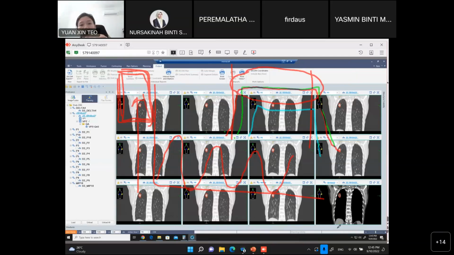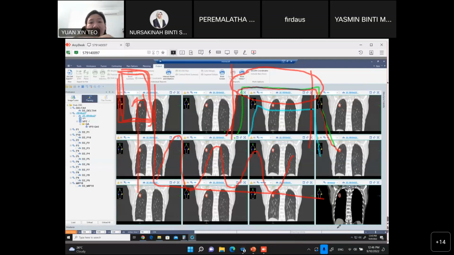So there is a method 3. During the treatment, we can perform a 4D CBCT, which means cone beam imaging. It's 4D where when the patient moves, at the same time a cone beam CT is performed during the treatment.